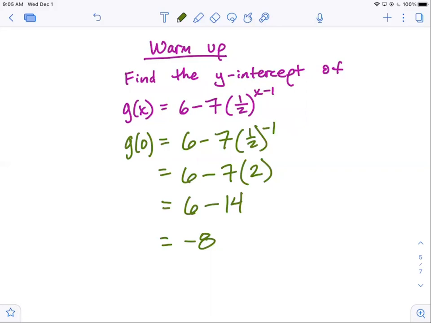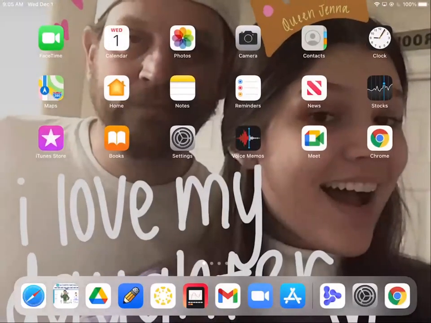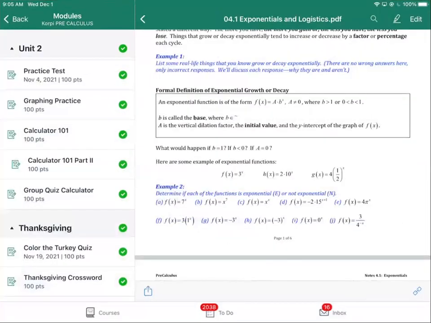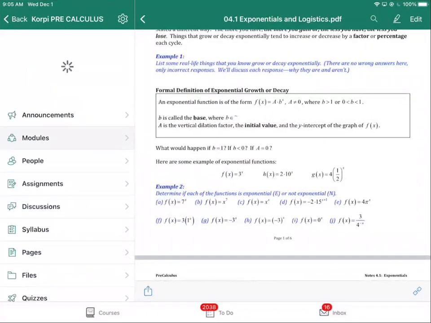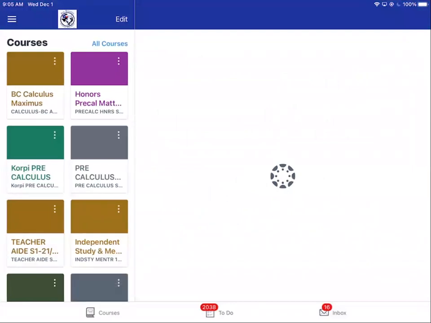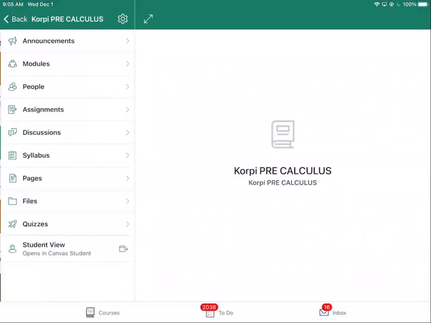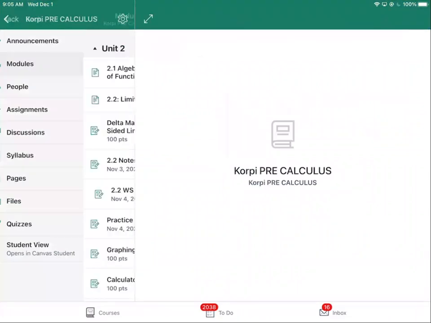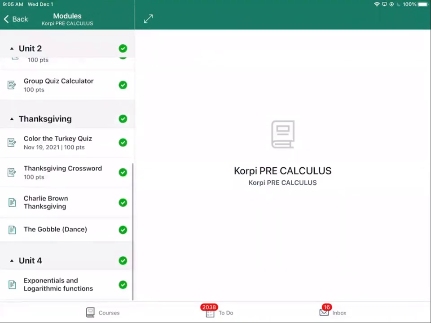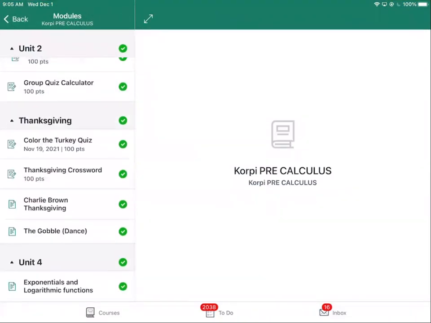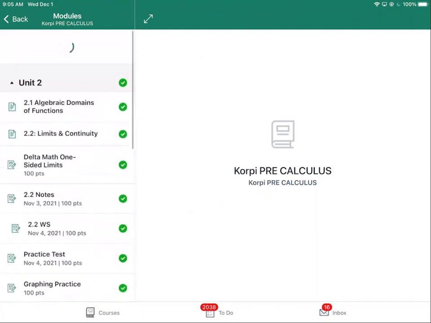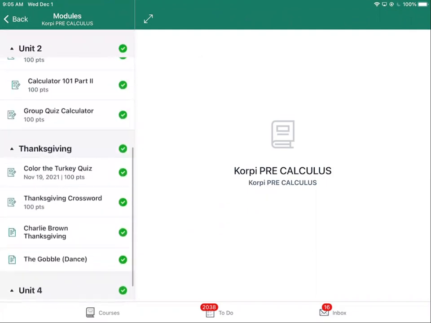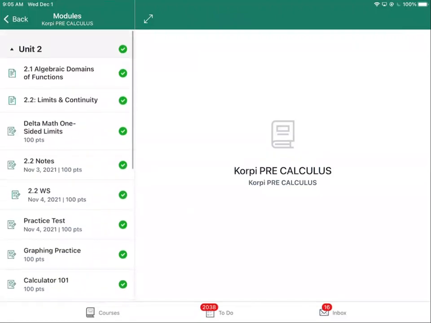So let's look at Canvas real quick. Let's see, oh, that's wrong. There it is. Precal modules. Scroll to the bottom. Thanksgiving. Did it show up? Did Christmas show up? Yes, Christmas.